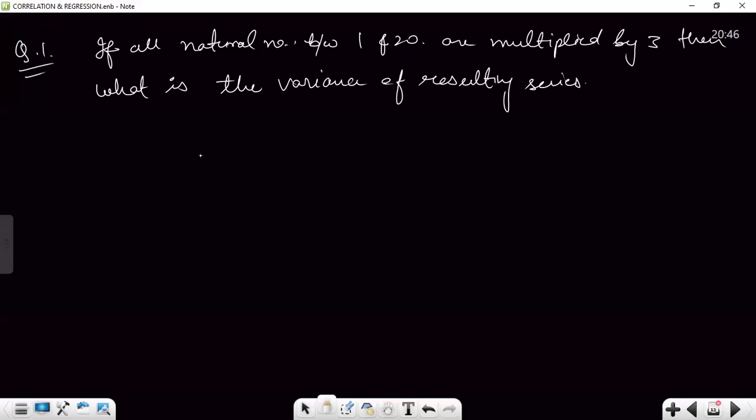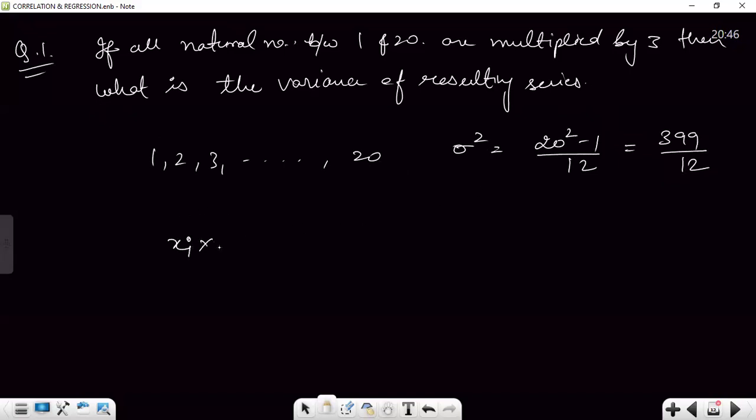Actually the series is 1, 2, 3, up to 20. First, let's find its variance. We know for 20 natural numbers, the variance will be (400 minus 1) by 12, which is 399 by 12. And it's getting multiplied by 3. If a series gets multiplied by 3, then its variance will get multiplied by 3 square, which is 9.